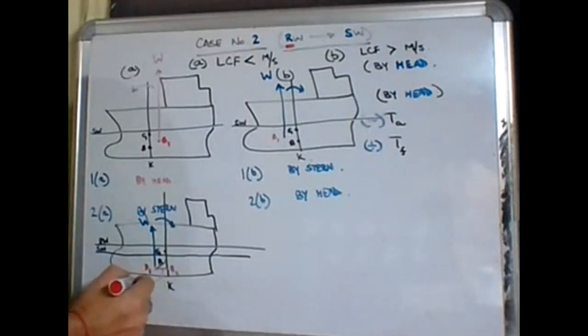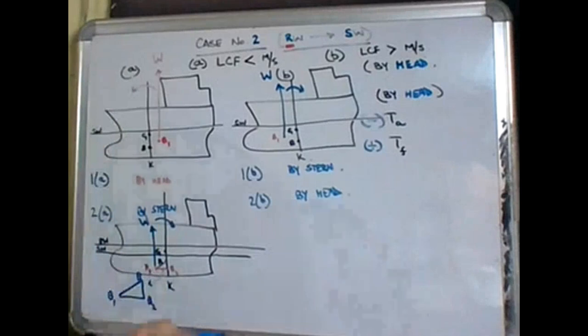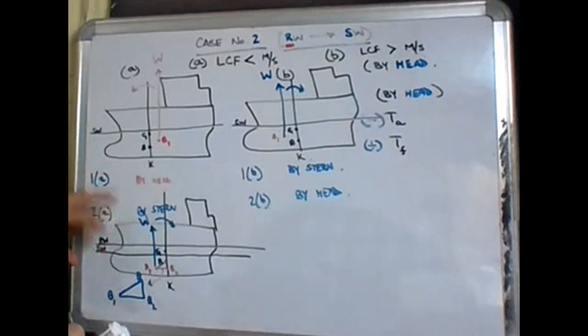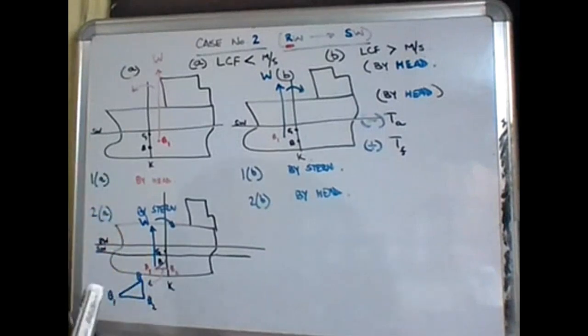If I magnify this triangle, it will look something like this. B, B1, B2. So 1A is by head, 2A is by stern. Just remember this. Everything else is going to be its opposite.